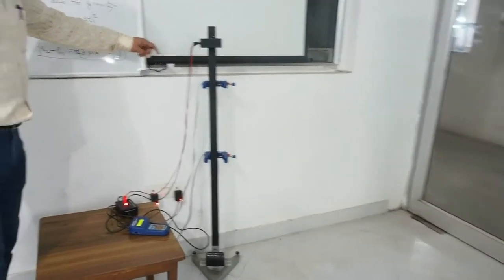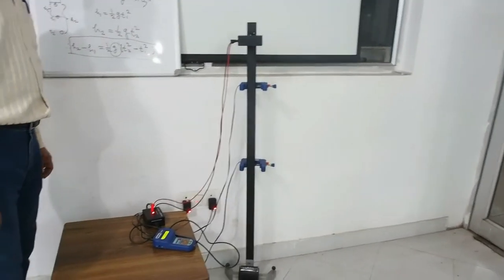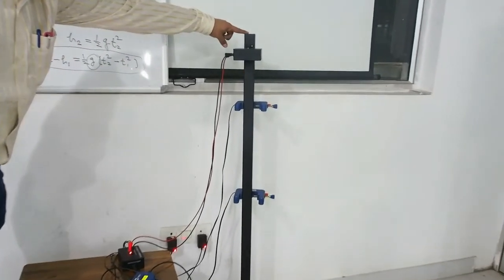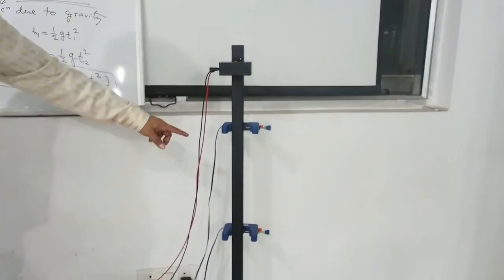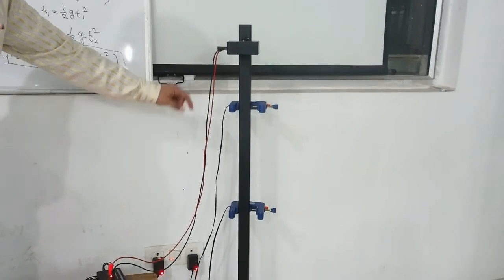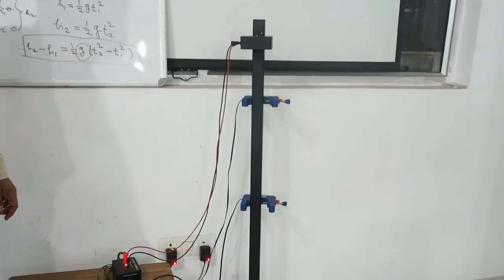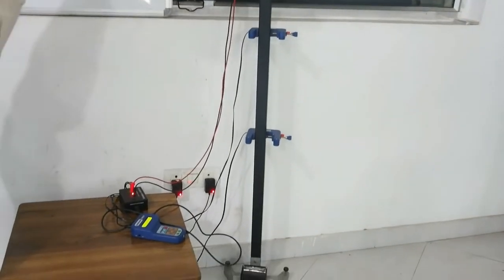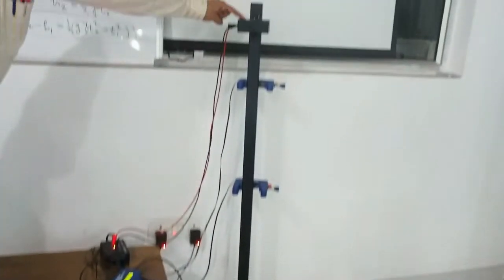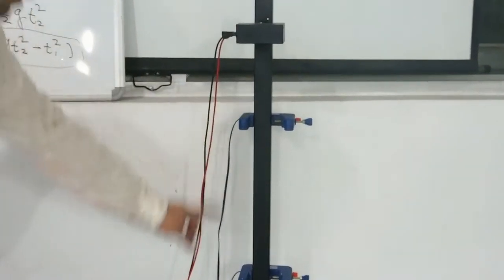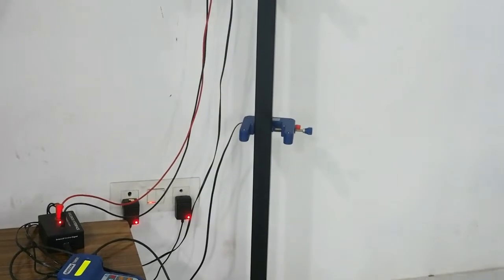In this experiment we will require the following items. You can see this is the g by free fall stand. We will mount this stand and attach several items to it. This is the solenoid, this is the first photogate, and this one is the second photogate.